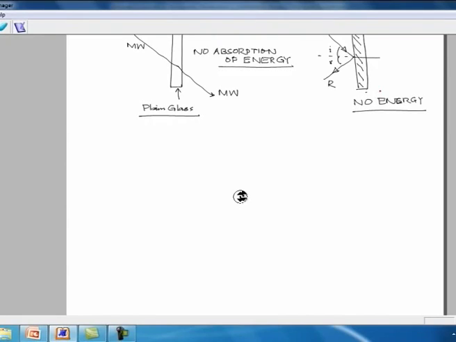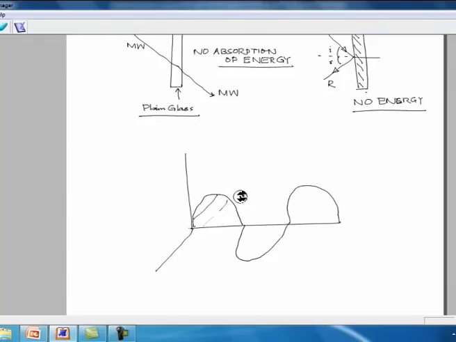As I have already indicated, since microwaves are electromagnetic radiation, they have two components in two orthogonal planes.